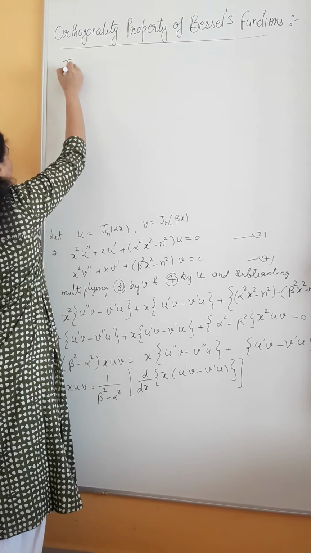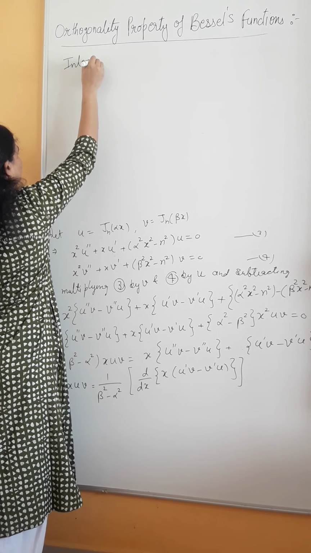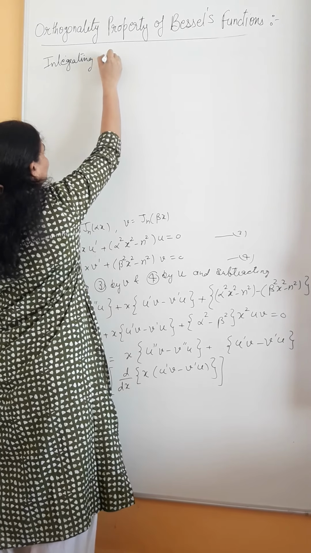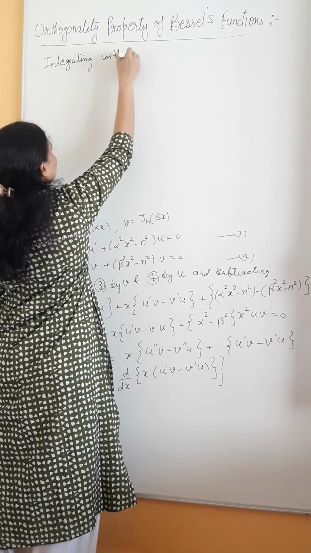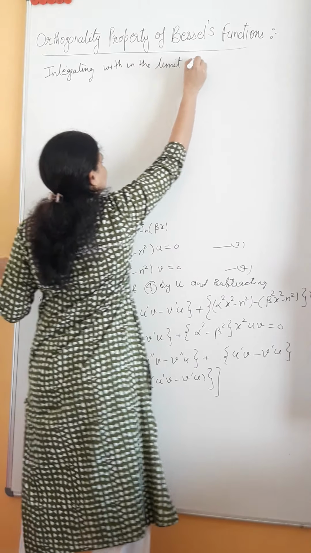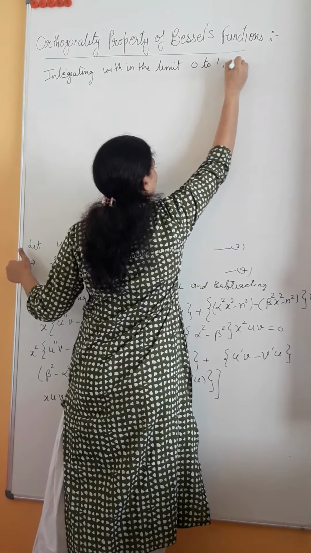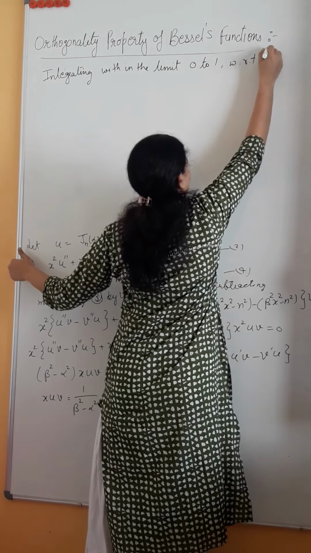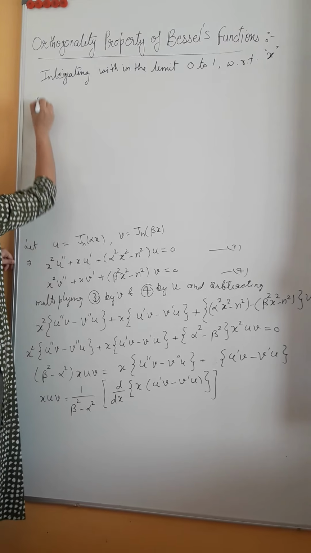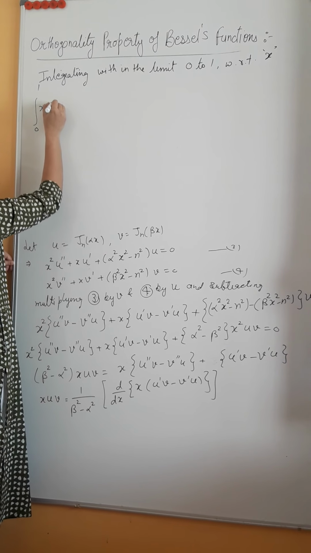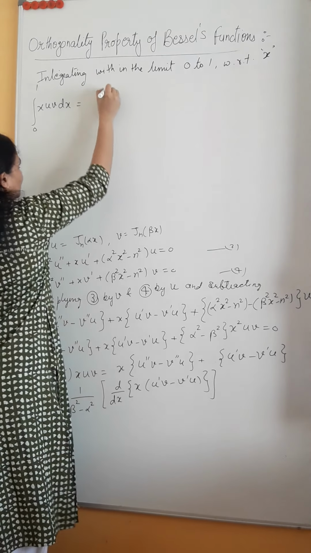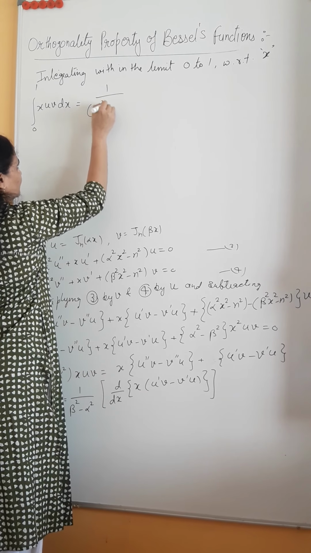So right here, integrating within the limit 0 to 1 with respect to x. So if we integrate this, what are we getting? Integral 0 to 1 of x u v dx is equal to 1 by beta square minus alpha square.